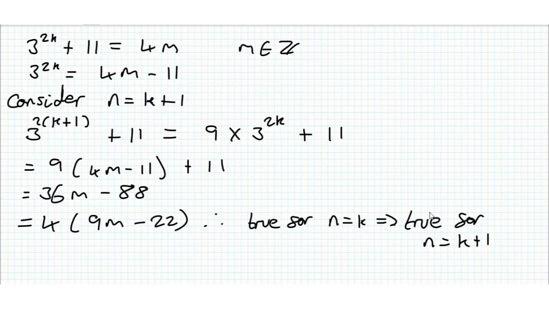So this result here, taking k equal to 1, implies it's true for 2, but the fact that it's true for 2 implies that it's true for 3, and the fact that it's true for 3 implies it's true for 4, and so on. So if you write some sort of statement at the end explaining that logic, then you will have your marks.